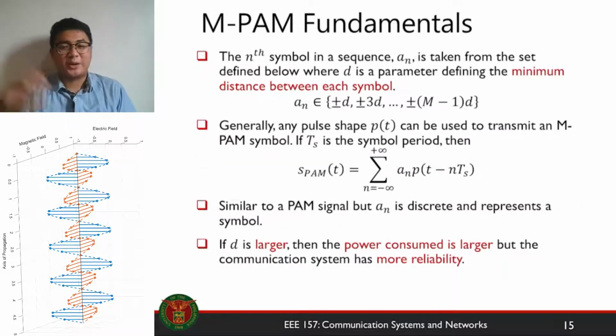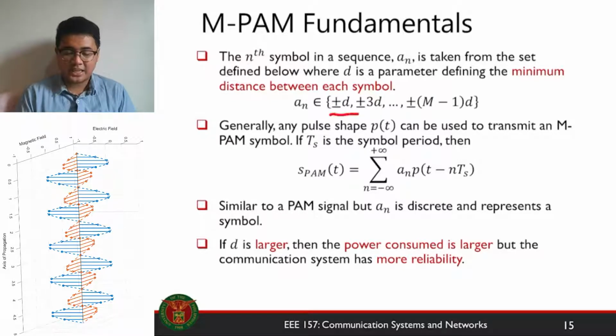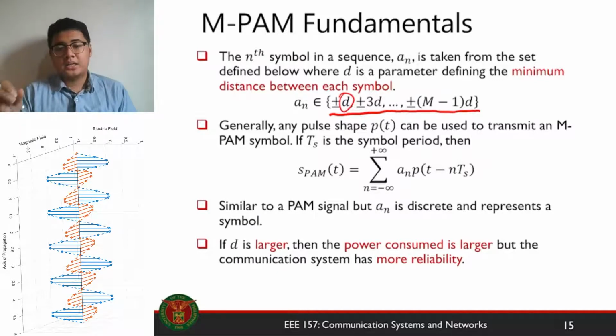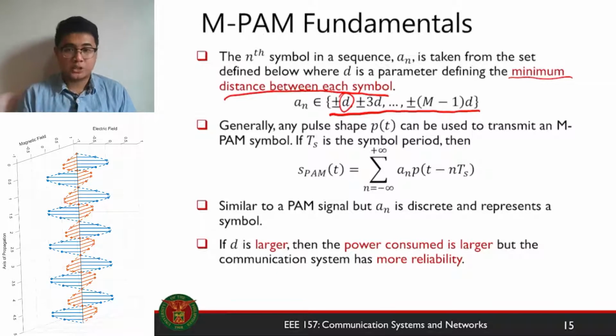more details on PAM. I forgot about this slide. So the definition of PAM here is you have a symbol sequence. The nth symbol, A sub n, is taken from this set: an odd multiple of some parameter d. The parameter d defines what we call the minimum distance between each symbol. We talked about this in the previous part of this lecture.